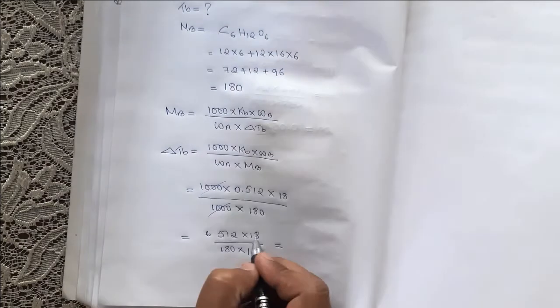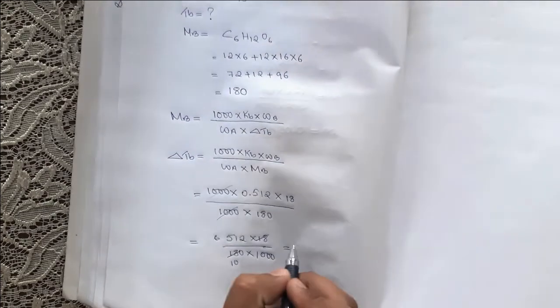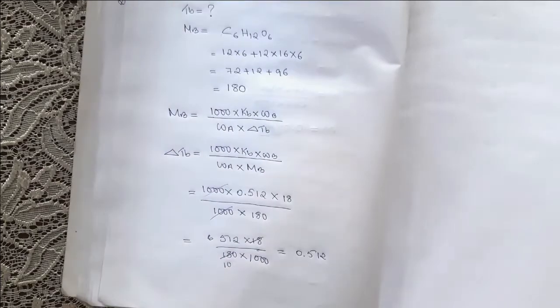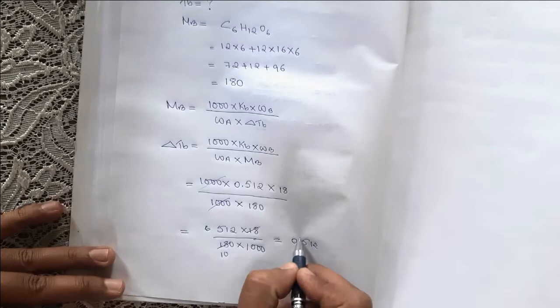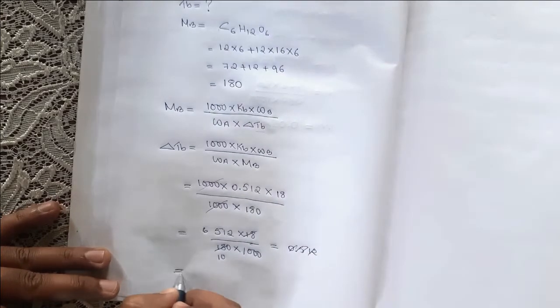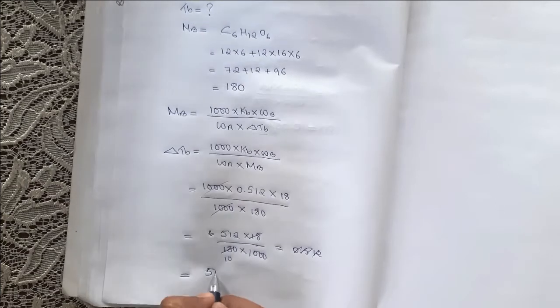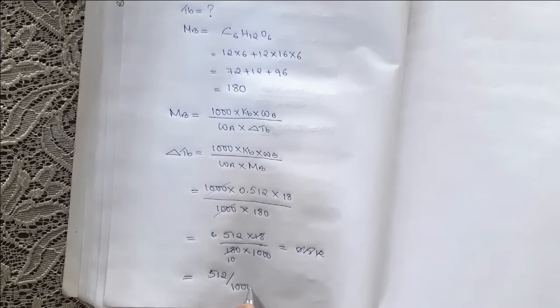So first I can cancel these values. So now we shall have 512 divided by 1, 2, 3, 4, 4 zeros.